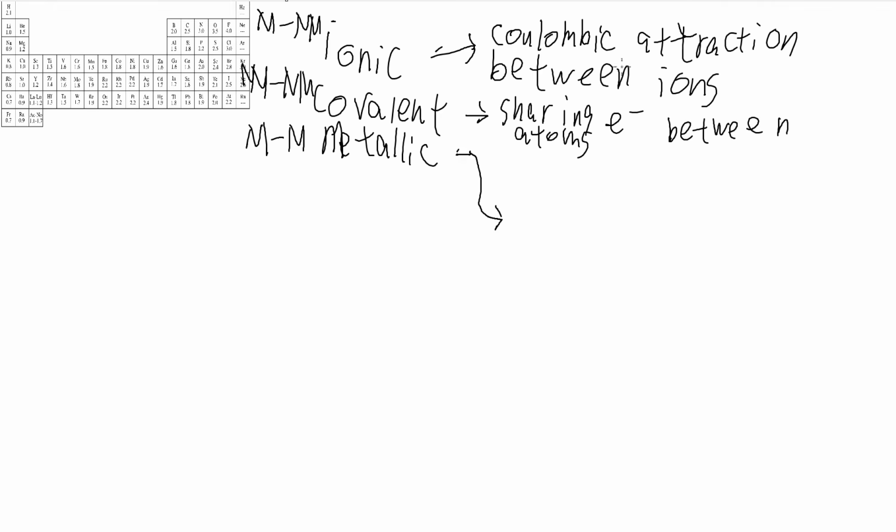And this model is actually sometimes called the sea of electrons model. Now, if I'm going a little fast for your taste, you can always slow down the video or pause it. So the sea of electrons model is literally describing what's happening. You have cations, and you have a sea of electrons around the cations.